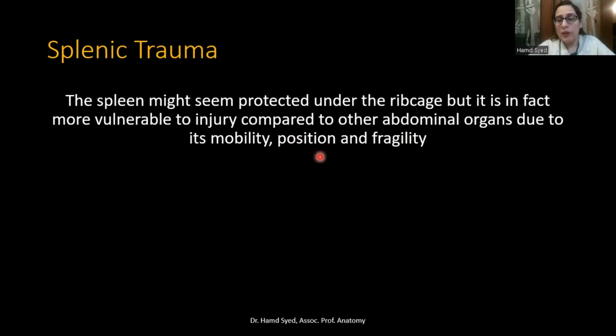Also, although it is present beneath the left side of the thoracic rib cage, that also makes it vulnerable to injury by a rib fracture. Plus, this organ has a very delicate fibroelastic capsule, just about 1.5 millimeters thick. This also makes it fragile, exposed and vulnerable to injury.